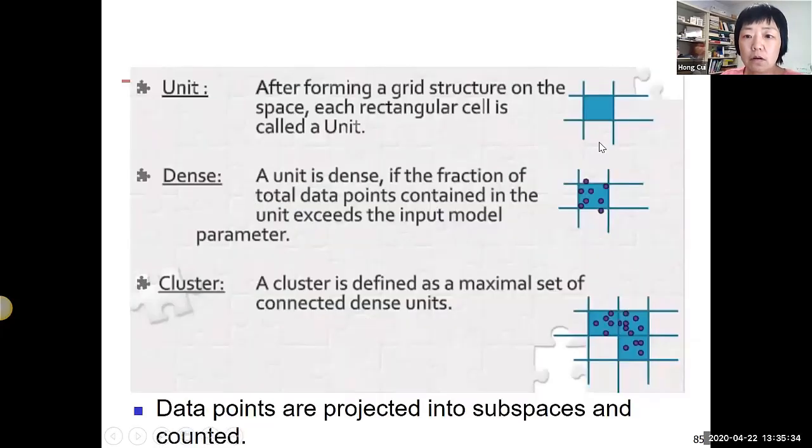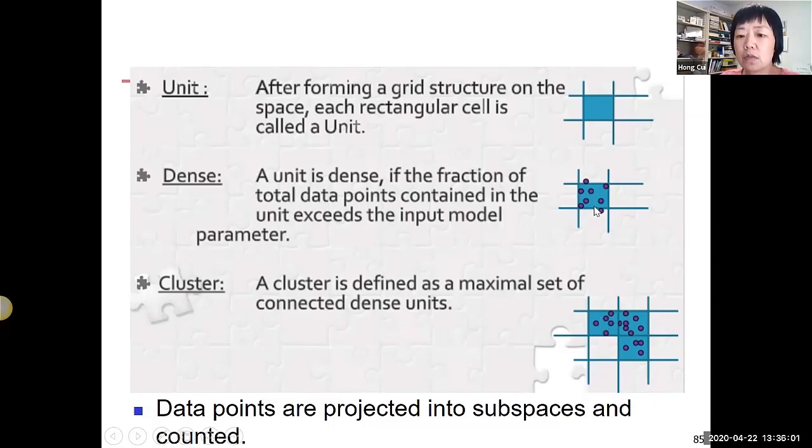So a unit may be a rectangular space. Each interval defined by these two different dimensions would form this rectangular unit. If the number of data points within this unit exceeds the threshold, then this is dense. This one is obviously sparse, it's empty. This is dense.